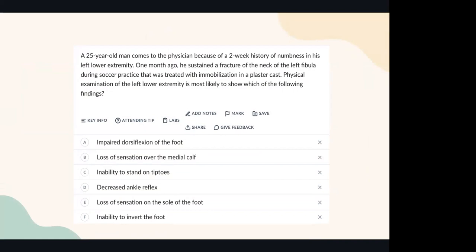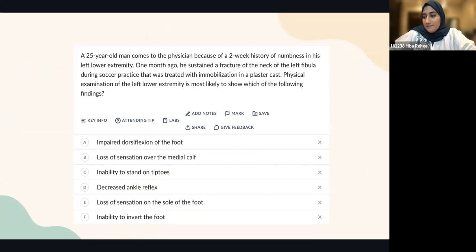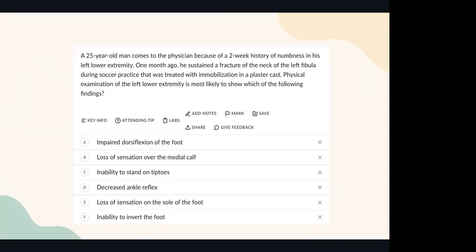A 25-year-old man comes to the physician because of a 3-week history of numbness in his left lower extremity.